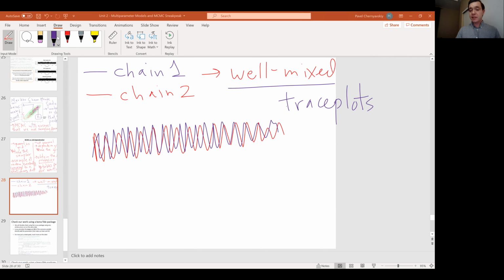So here I have 3 chains: the green chain, the red chain, and the black chain, and they are nice and stationary. In fact, they have a constant mean, and they cover the same band of uncertainty as the iterations go from the first to the 5,000th. This is a really good example of what a picture-perfect convergence analysis would look like.